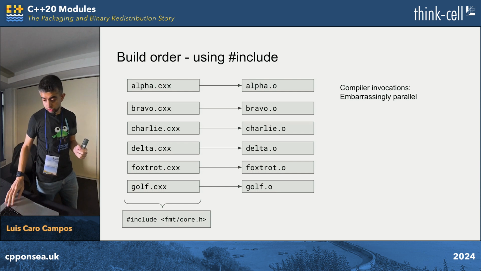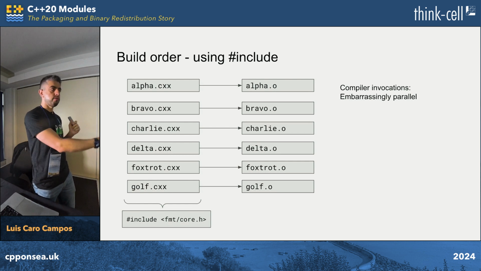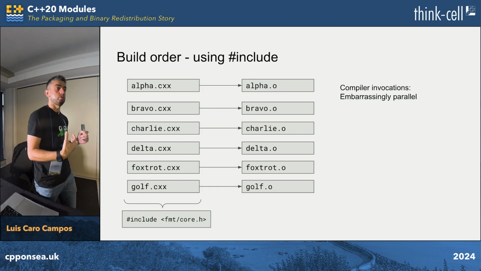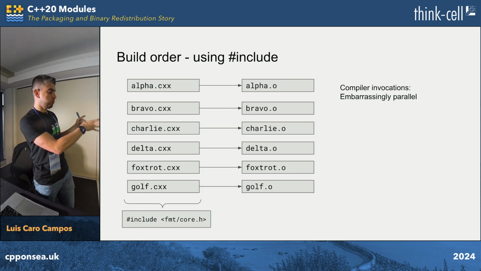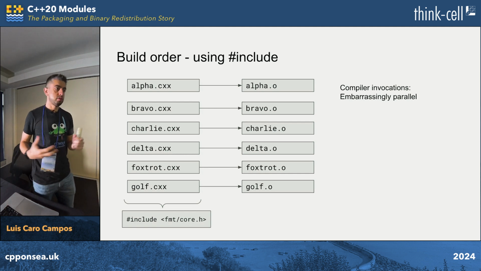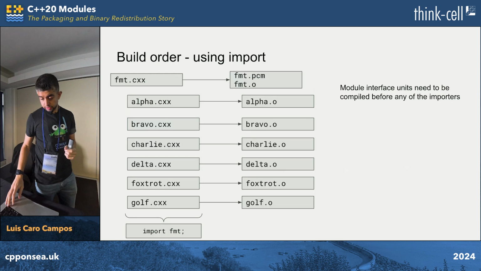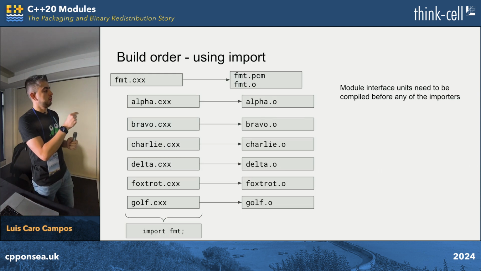One of the hopes with modules is that you only do that once, and then that PCM file, the BMI, the binary module interface, is an internal representation that is really fast for the compiler to load. So we would only do that parsing once, and that's where the build time improvements would come. However, this introduces a dependency now.